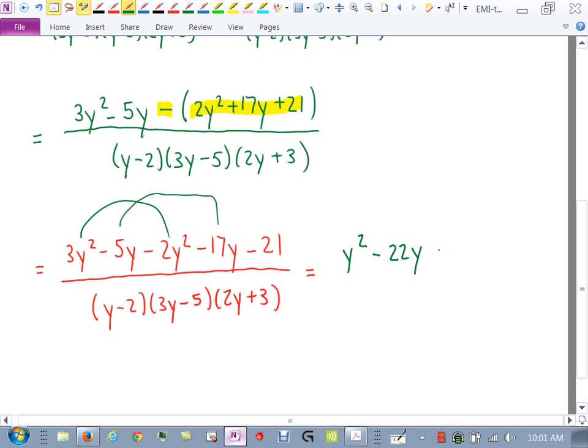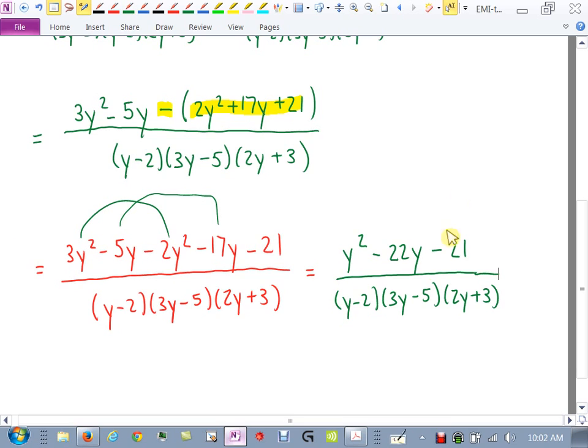And then minus 21 all over the LCD. That LCD just makes your hand cramp, doesn't it? Having to rewrite it over and over. That's where we are, all right?